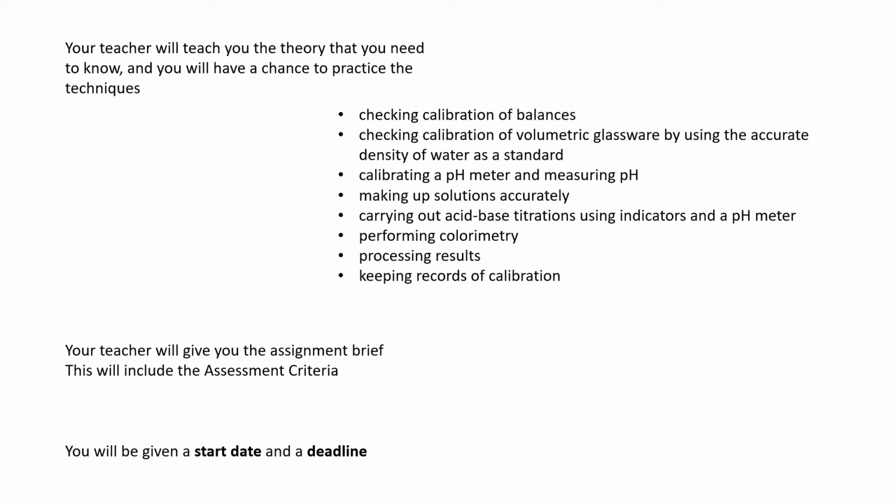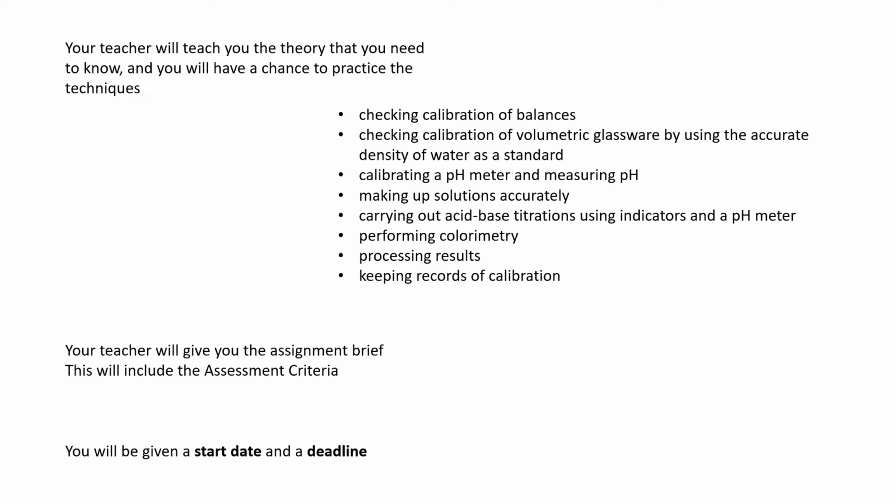Okay, checking the calibration of things, checking the calibration of the balances, checking calibration of volumetric glassware, things that measure the volumes of liquids. Calibrating a pH meter. You should have practiced measuring pH. You should practice making up solutions accurately.